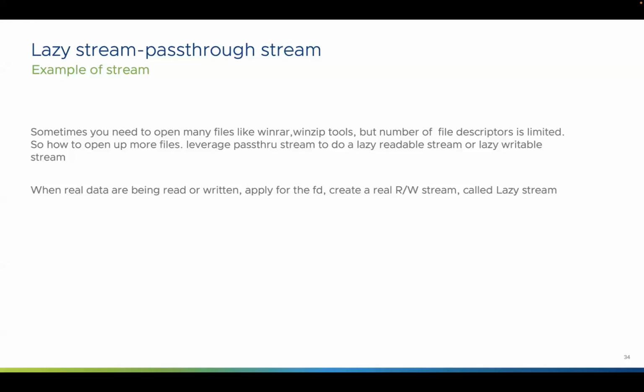Sometimes you need to open many files to operate on many files simultaneously, like WinRAR or WinZip tools. You have to have good performance, so you have to deal with them asynchronously and in parallel. That means you have to open up many files at the same time.